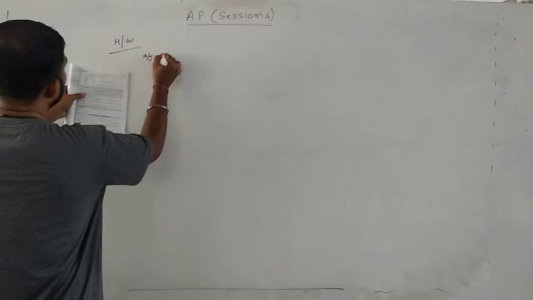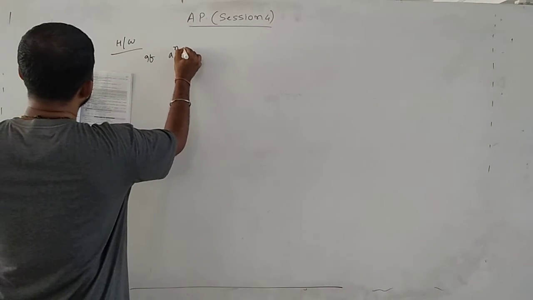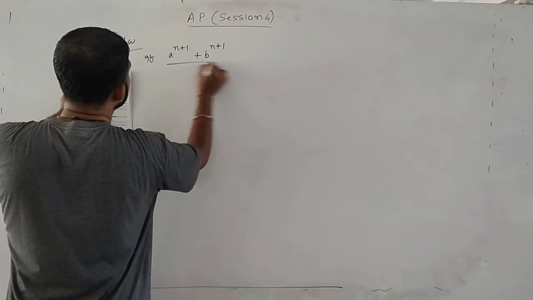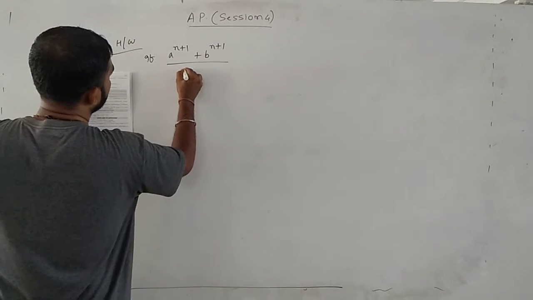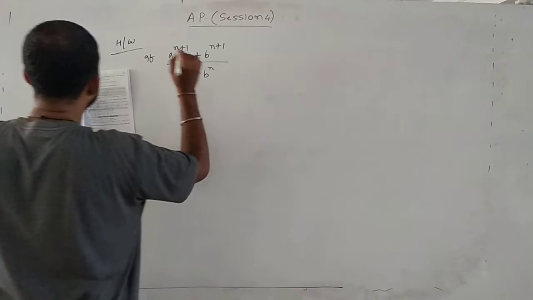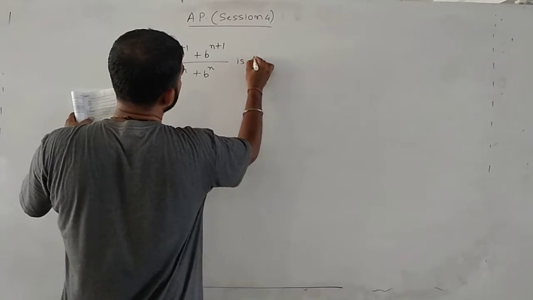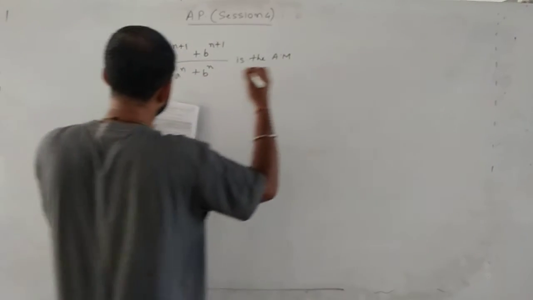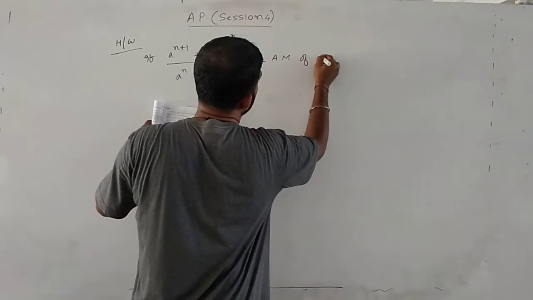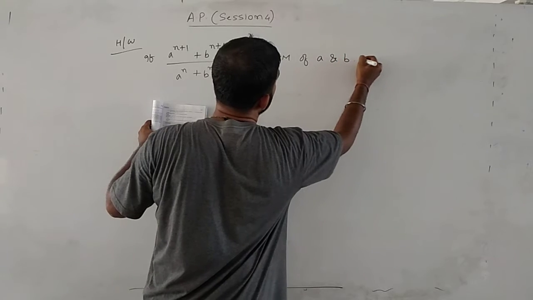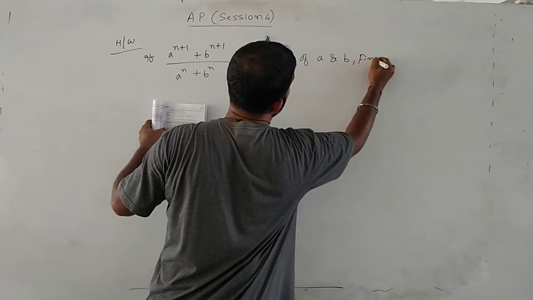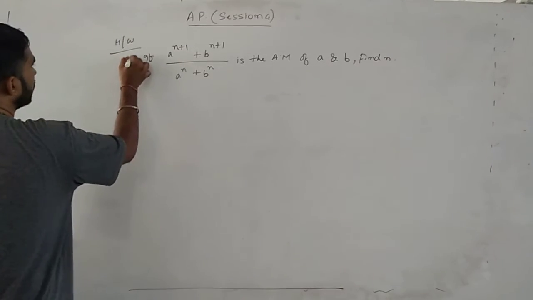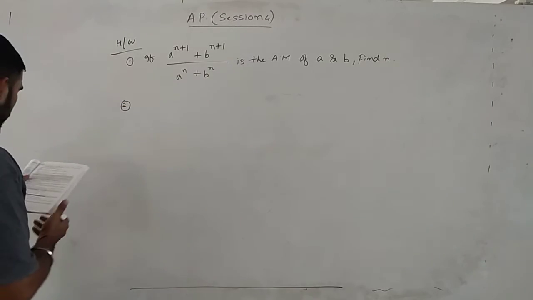If a to the power n plus 1 plus b to the power n plus 1 by a to the power n plus b to the power n is the AM of a and b, find n. Question number 1. Then question number 2.